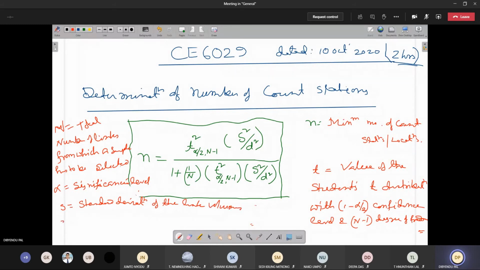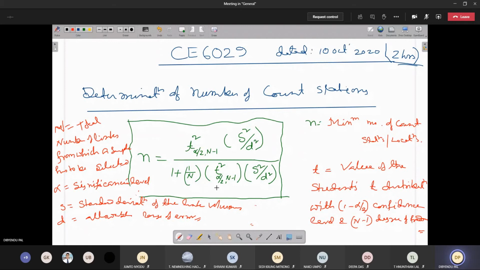And the last one is the accepted or allowable range of error. So once we have this information, then simply we can use this equation and we can find out the number of count stations required for a particular location.